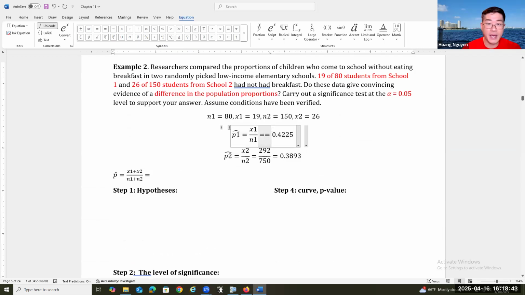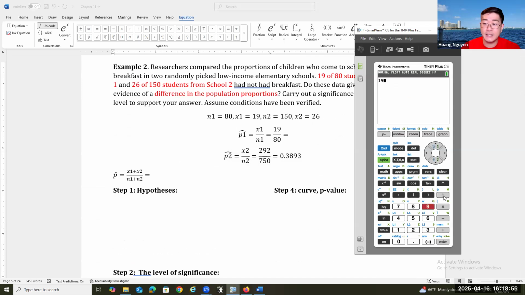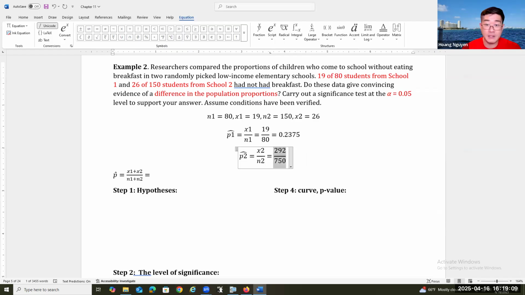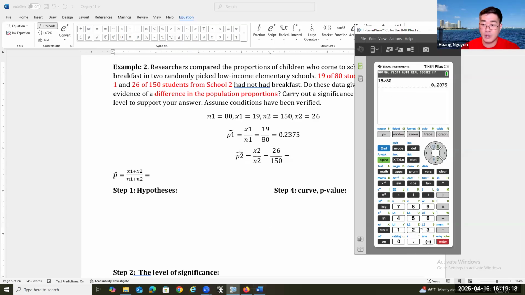We have x1 over n1, so x1 is 19 divided by n1, which is 80. 19 divided by 80 is 0.2375. And now for the second sample proportion, we get 26 out of 150, so 26 divided by 150, which is 0.1733.